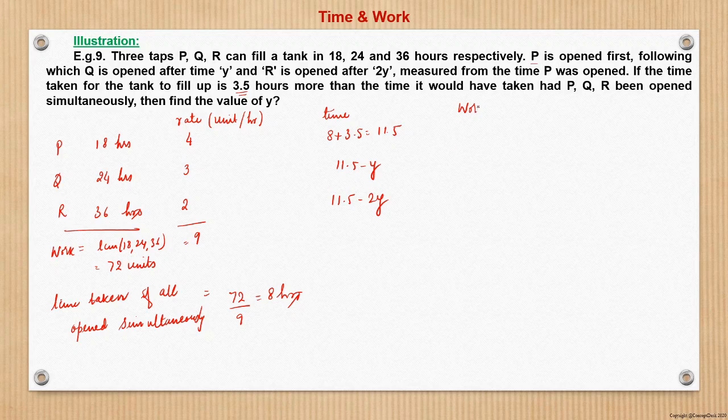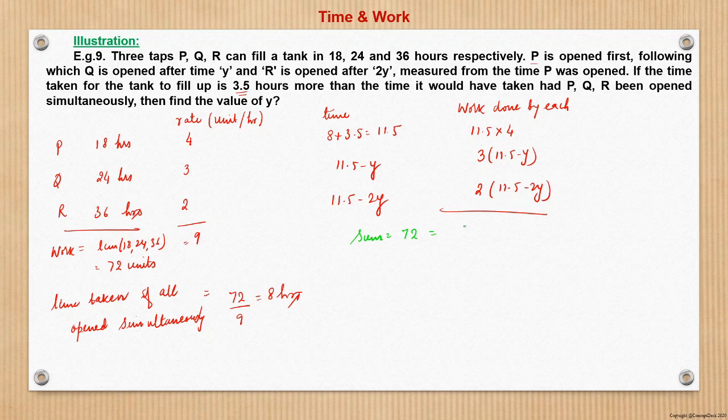So work done by each is 11.5 into 4, 3 into (11.5 minus Y), and 2 into (11.5 minus 2Y). This summation will be equal to the same 72, the total work we assumed.